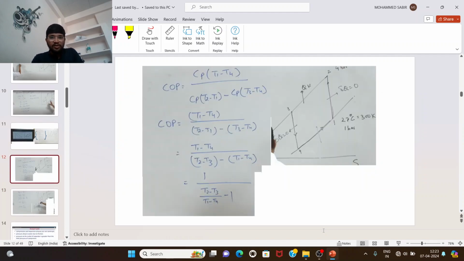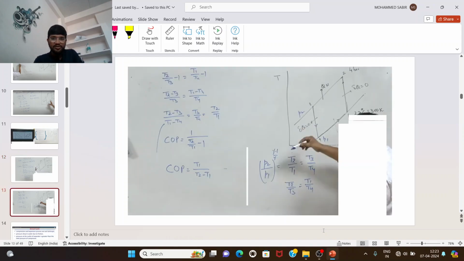Accordingly, you can find the COP of the system, and we convert it into the pressure ratio using P^gamma = C. Why are we using the pressure ratio term in the COP expression? Because in practice, as practitioners, we have data of pressures.